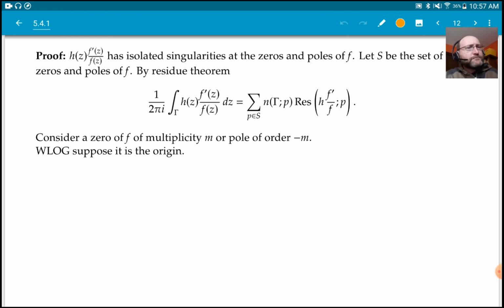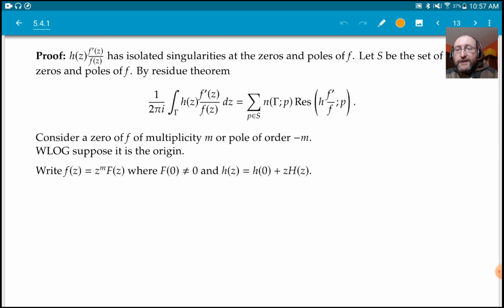All right, so consider that we're at a zero, so p is a zero of multiplicity m, or a pole of order minus m. That's what I said just before. We want this to be h evaluated at p times m. So what are we getting?